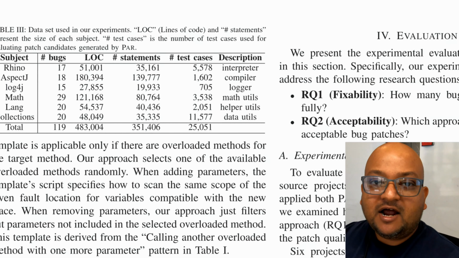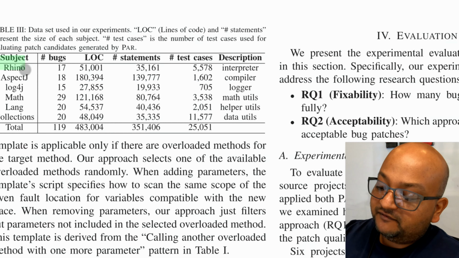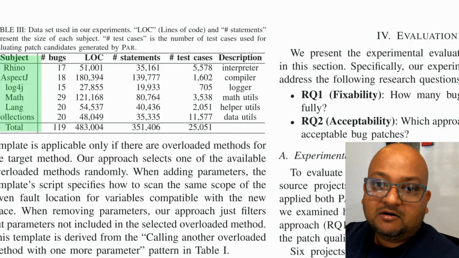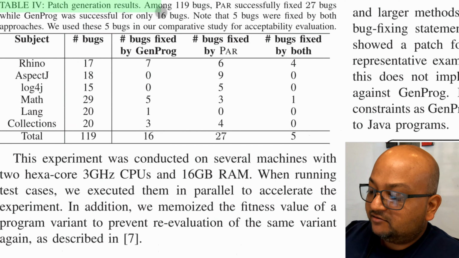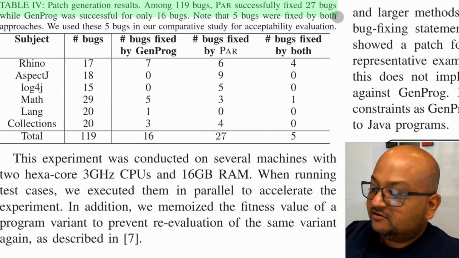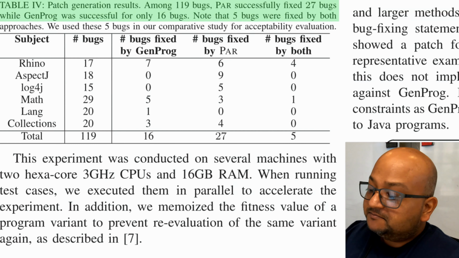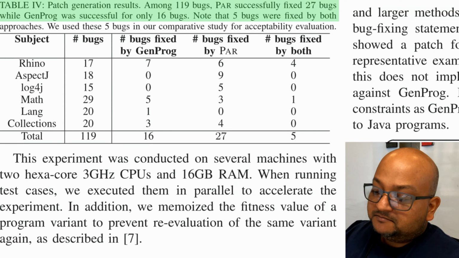So how does this strategy perform? In their tests, they tried to fix known bugs in a few very well-known open source projects, and these are their results. Overall, they tried to fix 119 bugs, and they were able to fix 27 of them.